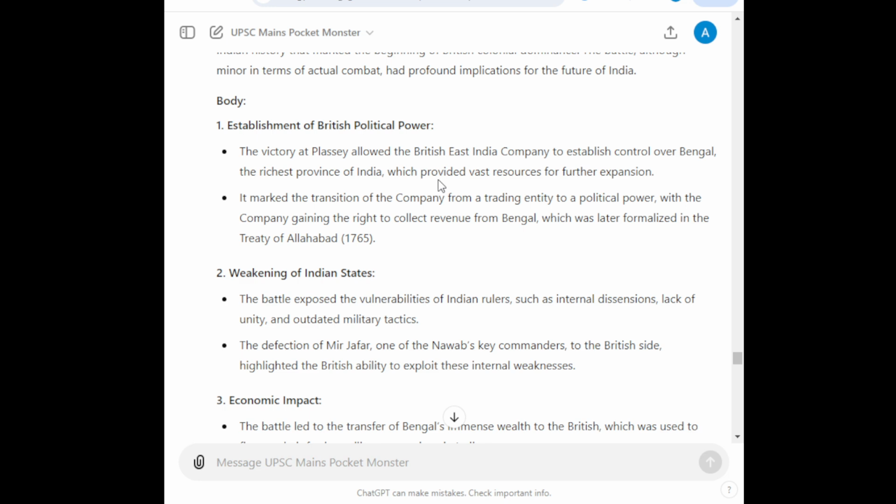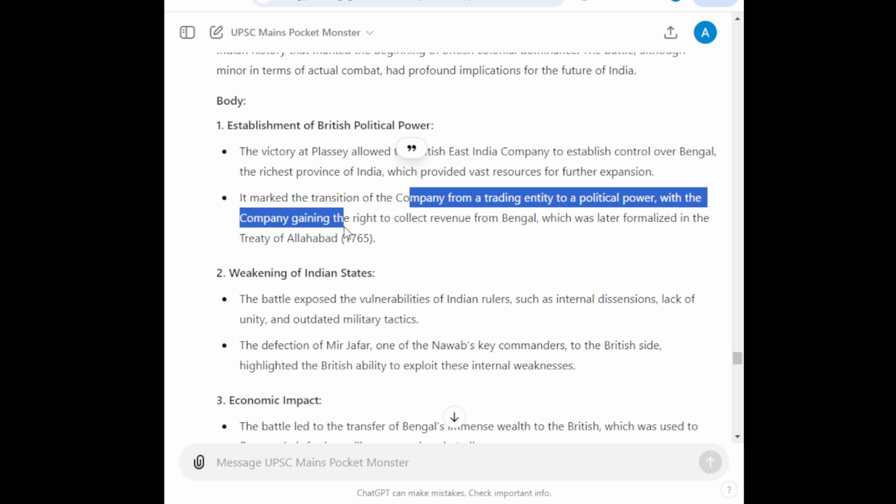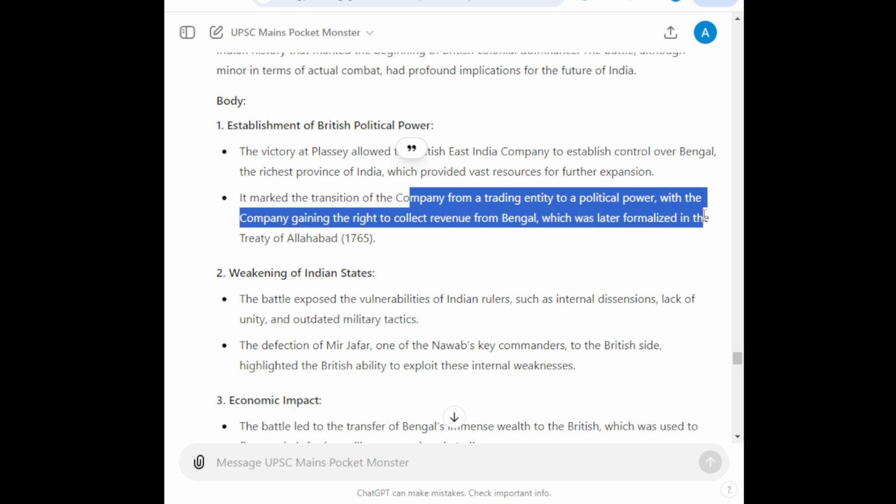When you mention about its grandeur or something, whatever, which provides vast resource for further expansion. It marked the transition of company from a trading entity to a political power, with the company gaining the right to collect revenue from Bengal, which was later formalized in the Treaty of Allahabad.